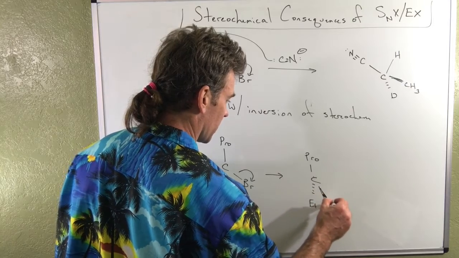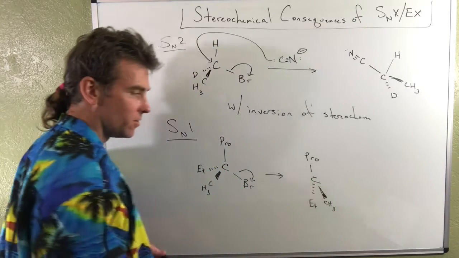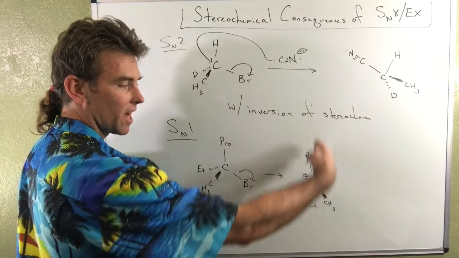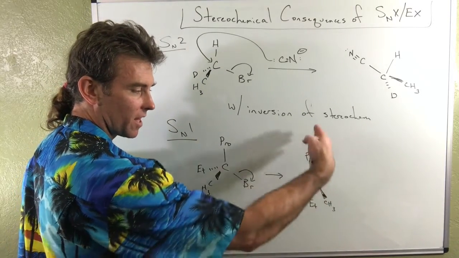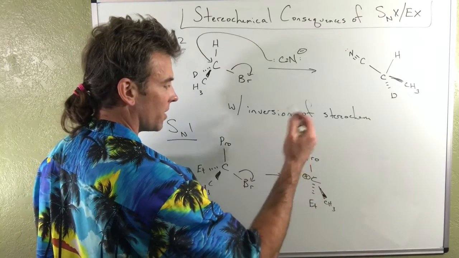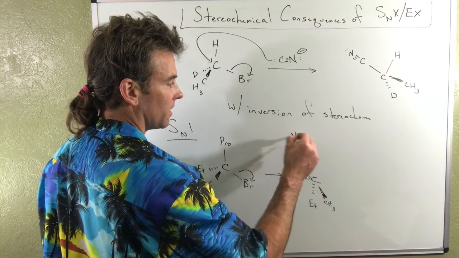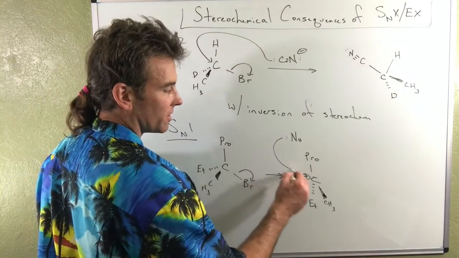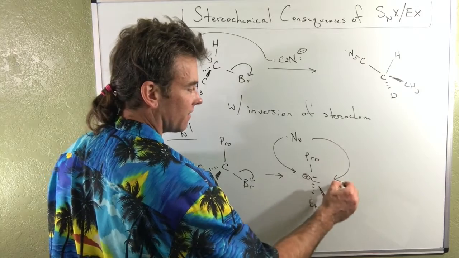So here, I'll draw my sp2 hybridized carbon with its positive charge, right? And so the idea is that that methyl group and that ethyl group are existing in the same plane. So in the second step, when some sort of nucleophile comes in, whatever solvent happens to be there, we can now attack from either side, right?